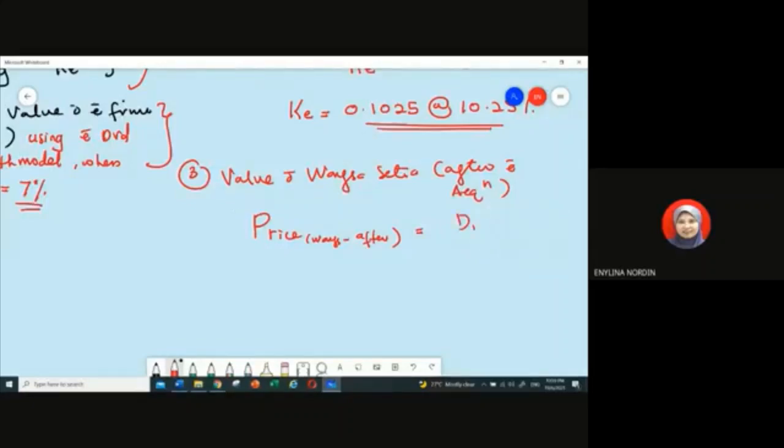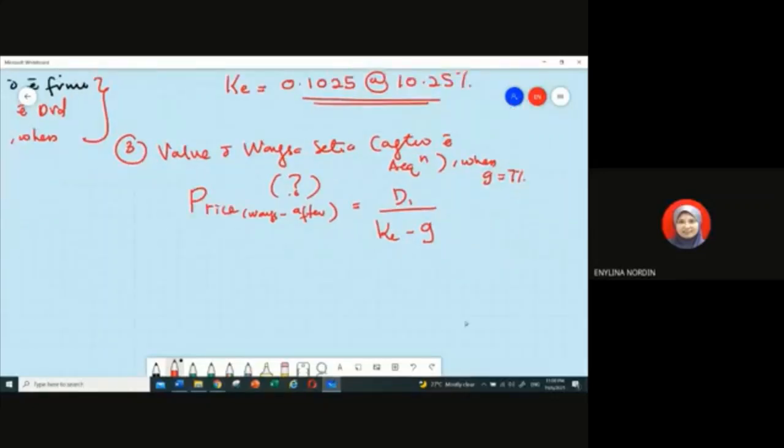So D1 divided by KE minus G. We want to calculate the value of Wangsa Setia after the acquisition, when G equals 7% now. This is what we want to find out, and the KE here is a constant. This is the discount rate, or the cost of equity, or rate of return. So now we proceed. We put here the price of Wangsa after the acquisition.